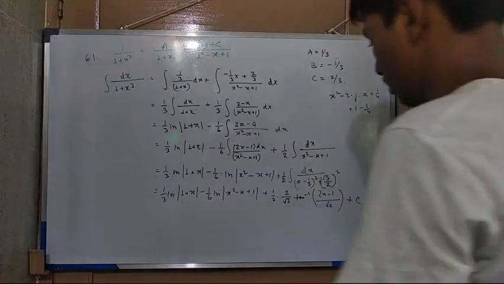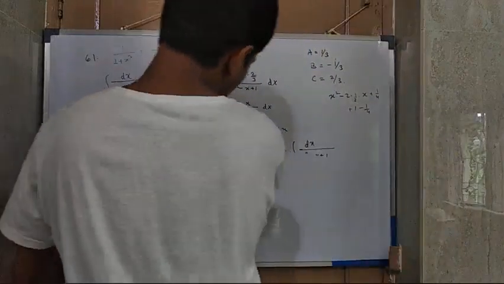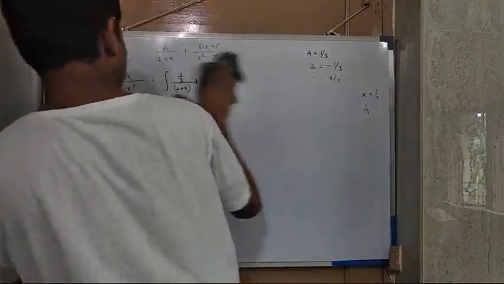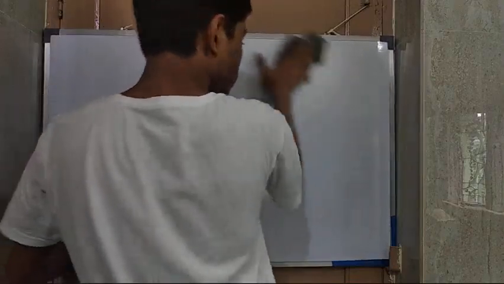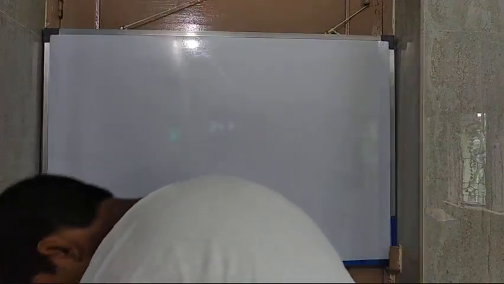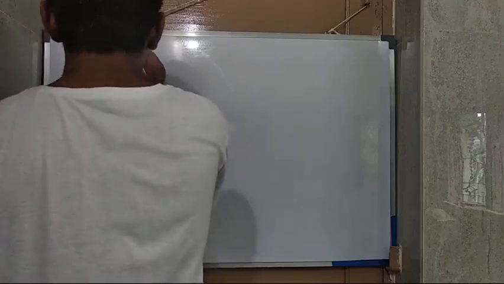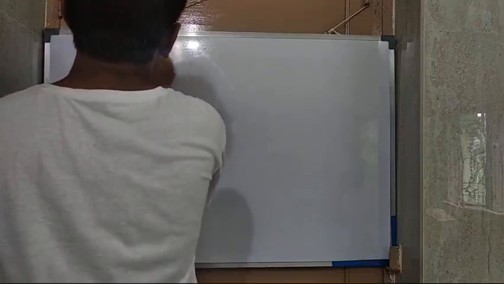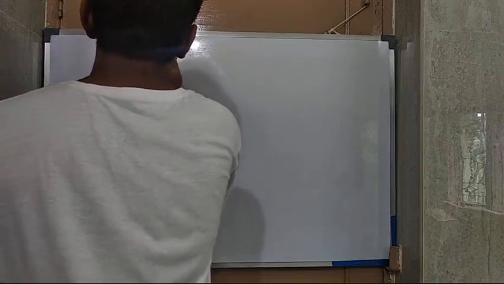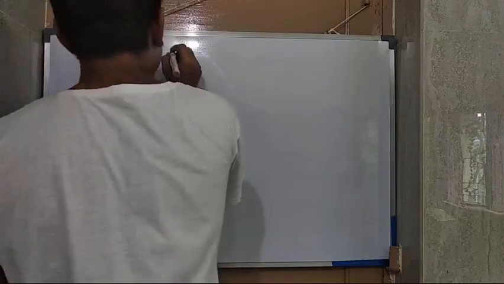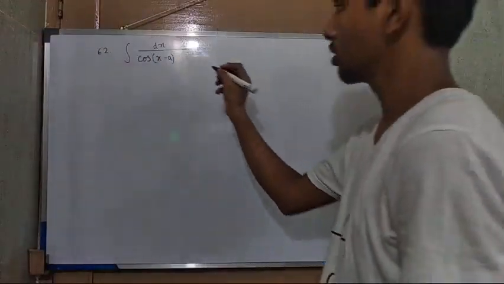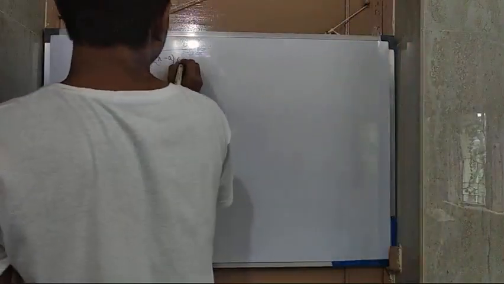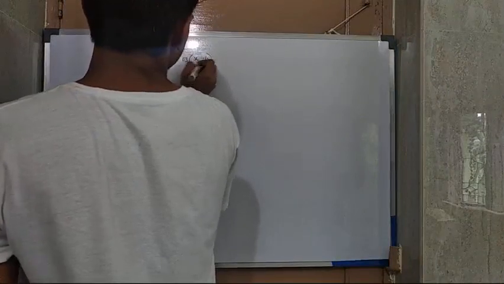Let's go for question number 62, which is the integral dx divided by cos of (x minus a) cos of (x minus b).